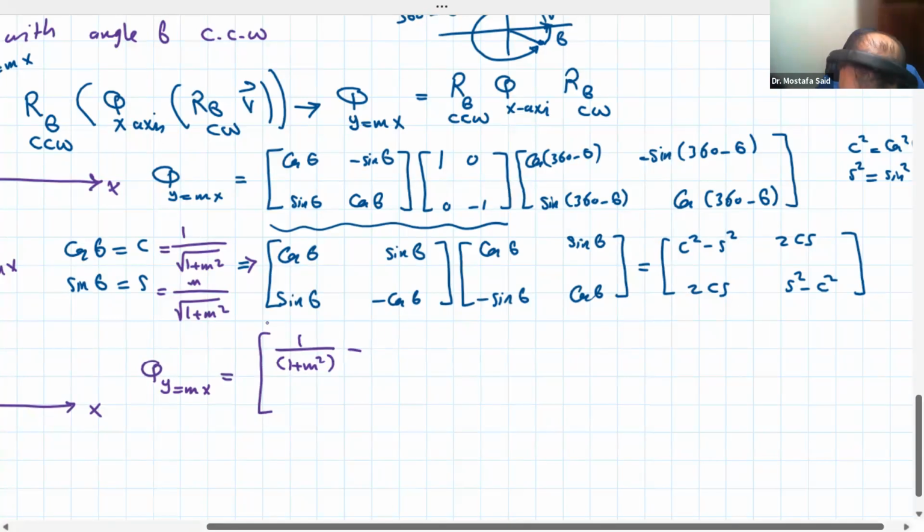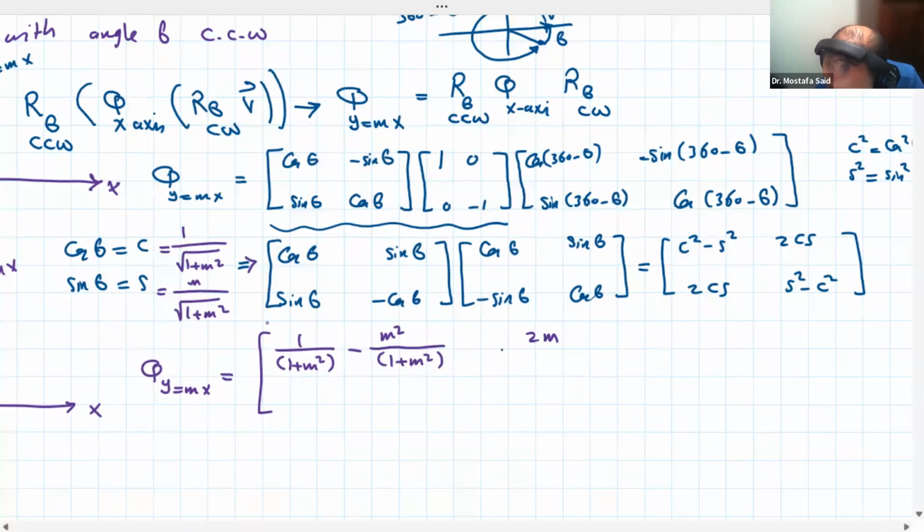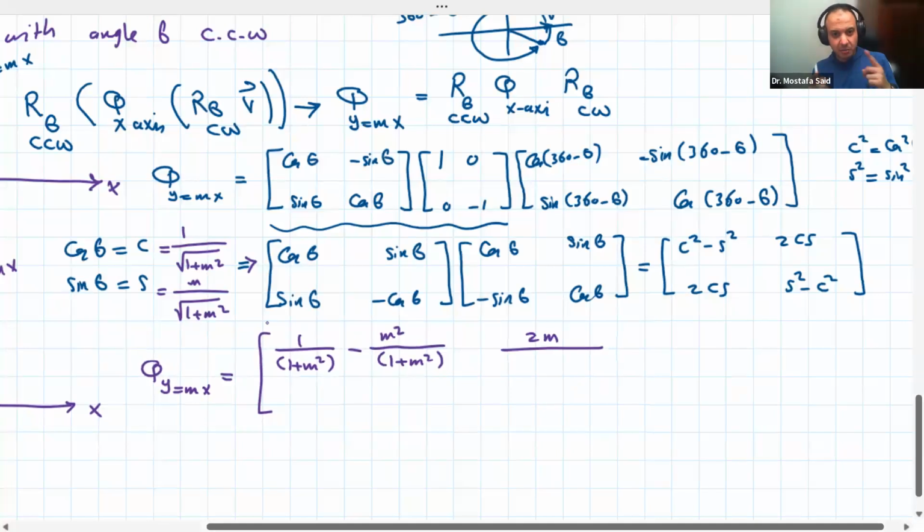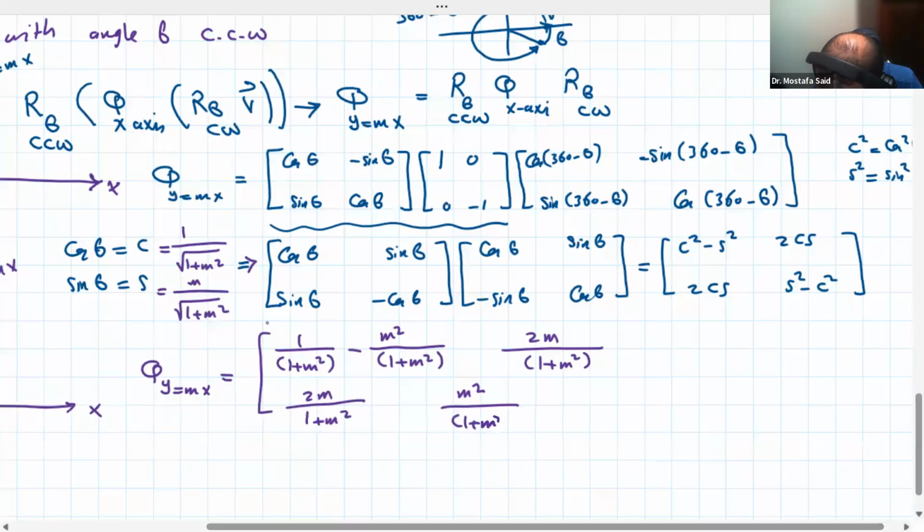S square will be m square divided by 1 plus m square. 2CS is 2m divided by 1 plus m squared. So 2m again over 1 plus m squared. S squared minus C squared, so this will be the opposite here: m squared divided by 1 plus m squared minus 1 over 1 plus m squared. So now we can take 1 over 1 plus m squared as a common factor.